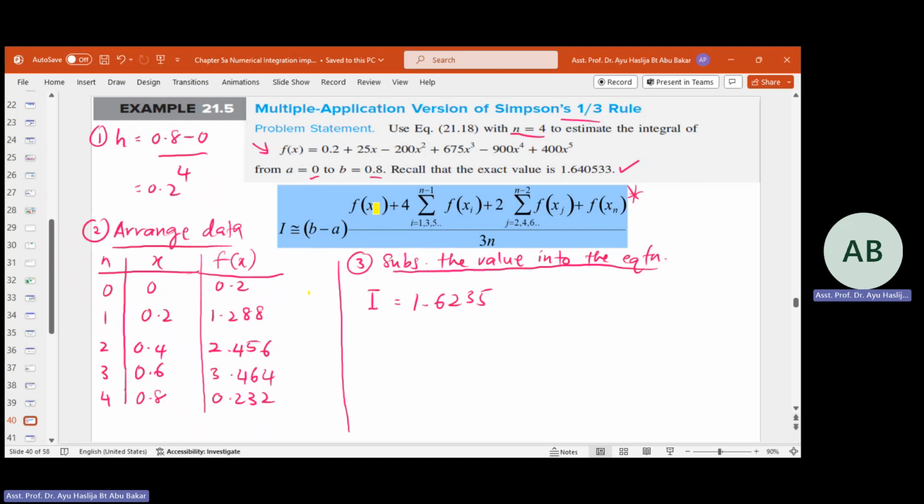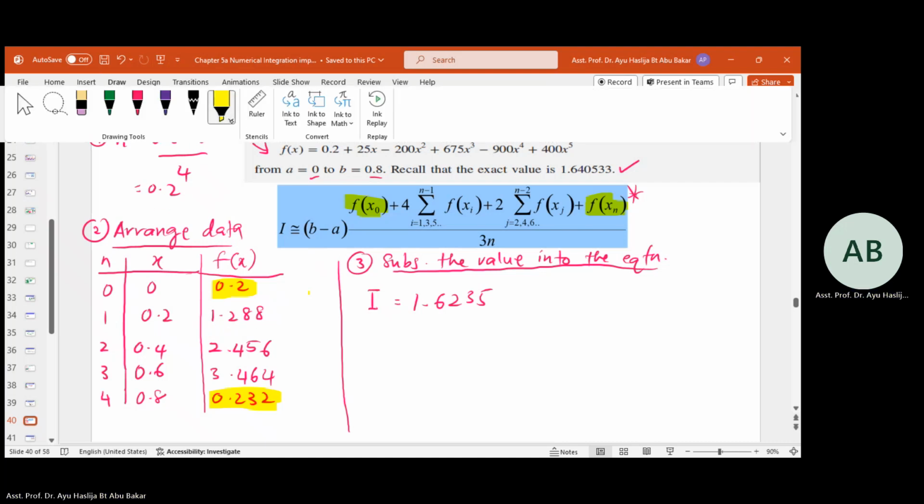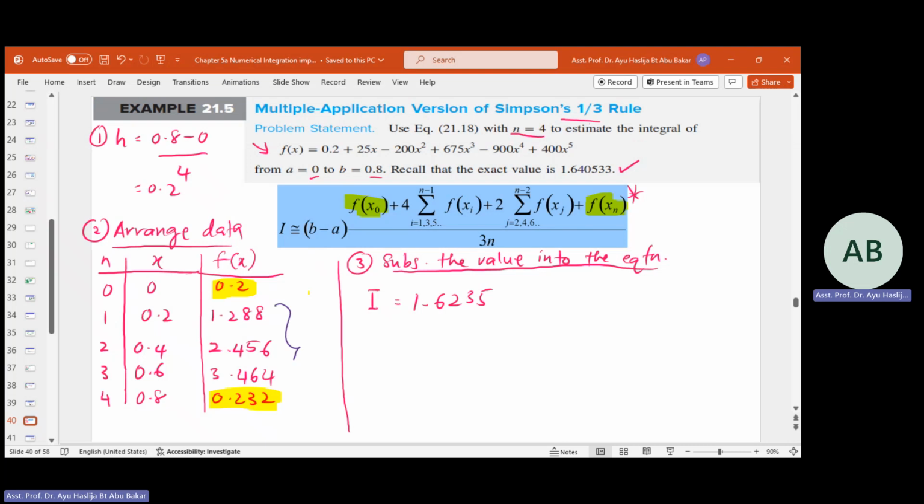For the equation, f(x0) and f(xn), separate them first. First point, last point. Then only you classify which ones to use for odd and even. Odd from this data only.